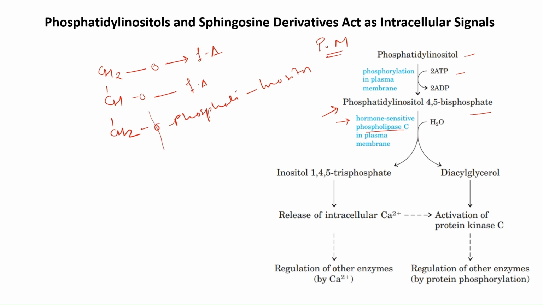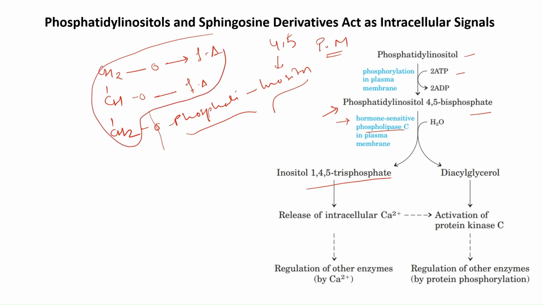When this bond gets broken, the two compounds formed are this inositol, which was already phosphorylated at the 4th and 5th position. Because of this phosphate, it became triphosphate, that is inositol 1,4,5-triphosphate. And what is left is glycerol with these two fatty acids, that means diacylglycerol. Now, this diacylglycerol still remains attached to the plasma membrane.